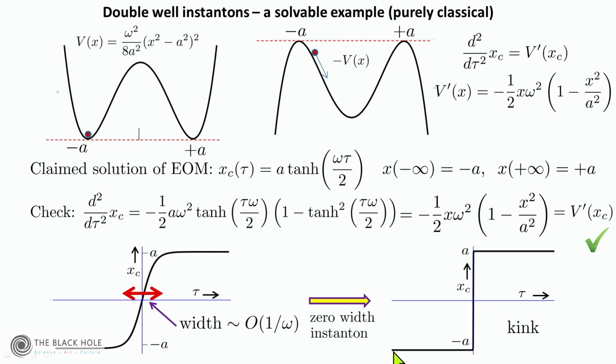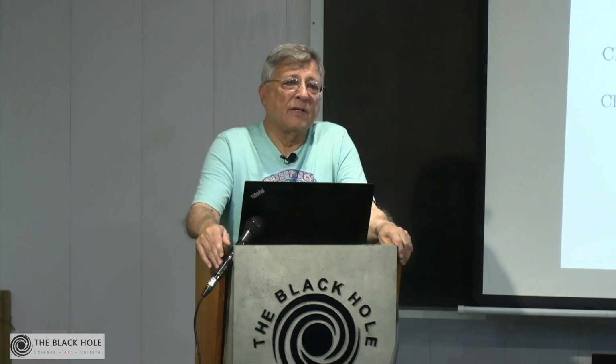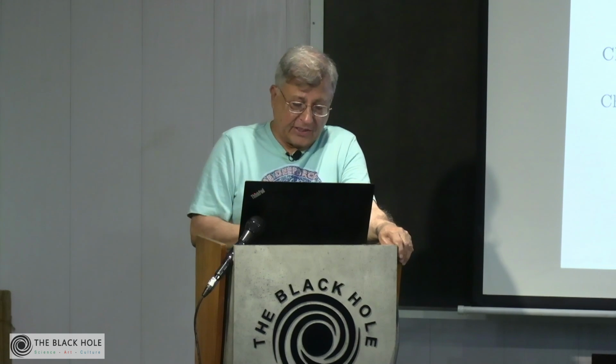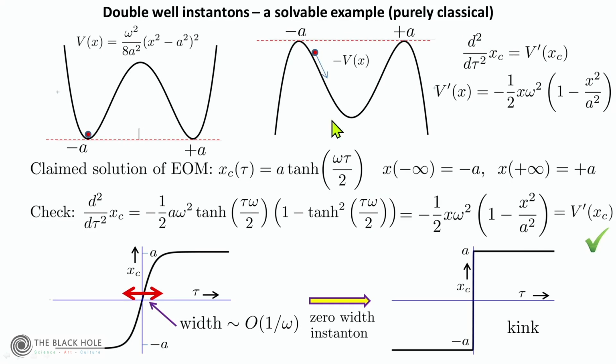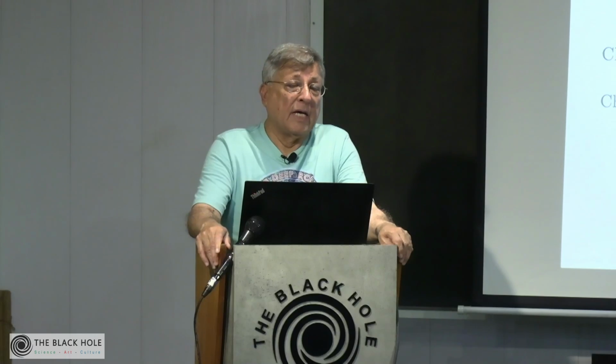It's far enough away, doesn't matter. But what if there was one that was overlapping? Well, that would then not be a solution of this equation. And people have looked for exact solutions of this equation which are different from this, but they haven't found any. Maybe there are not any.